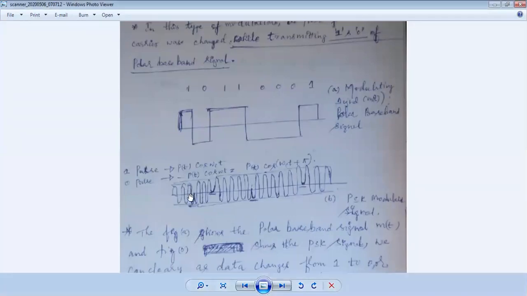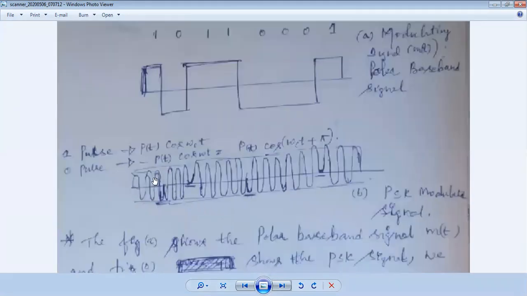Where there is a 1, this frequency will remain constant. As soon as the frequency changes, the phase of the signal also gets changed.